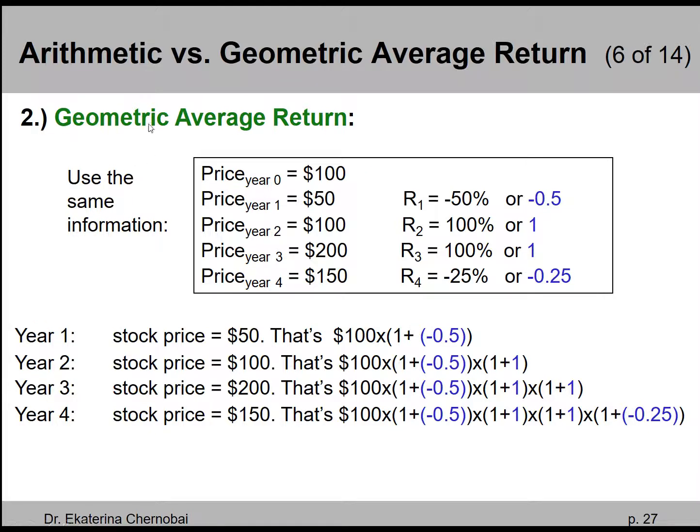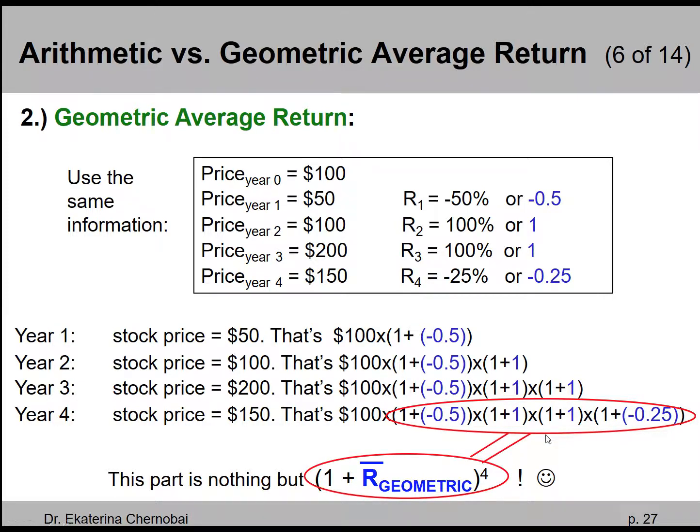Okay, what is the geometric average return? It's as if we are looking at these 4 different returns over the 4 years, right? And it's as if we are forcing them to be the same. If we force these 4 numbers to be identical, what would that number be?